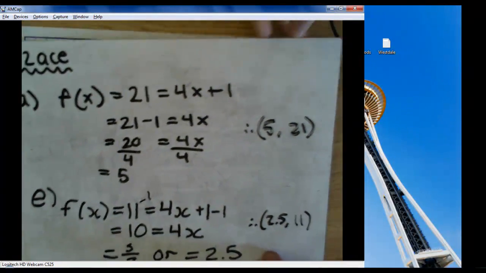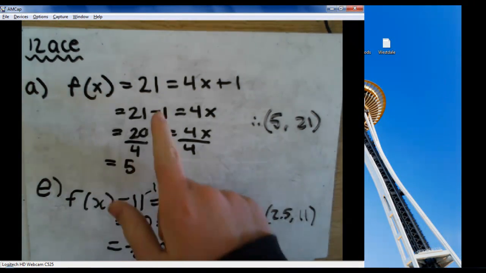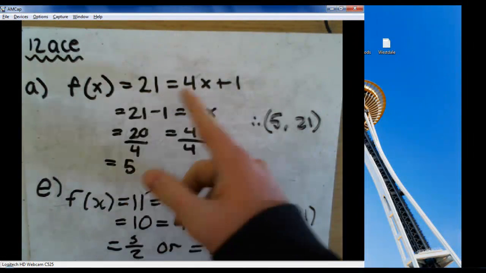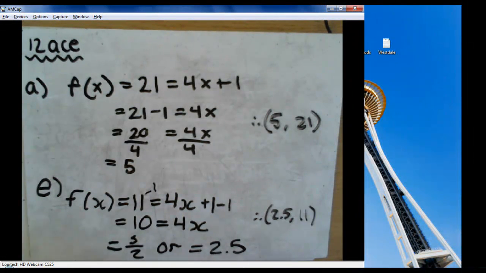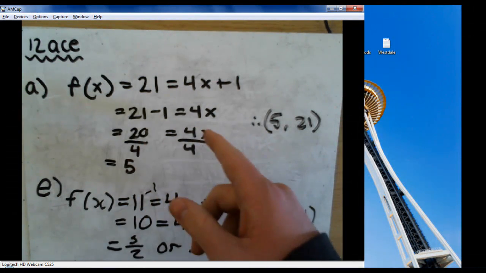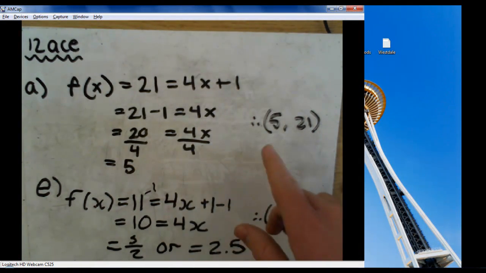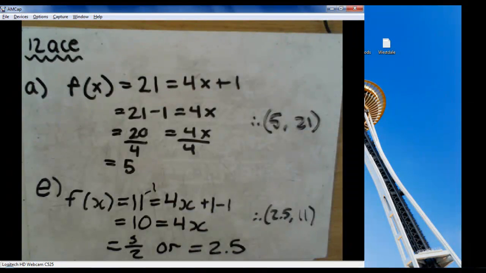So last question, 12ACE. There's two there, I see A and E. For A, f(x) is equal to 21, which is also equal to 4x plus 1. So then you subtract 1 from both sides, which gives you 20 equals 4x, and then you divide both by 4, which gives you 5. So x equals 5, and there's your point.